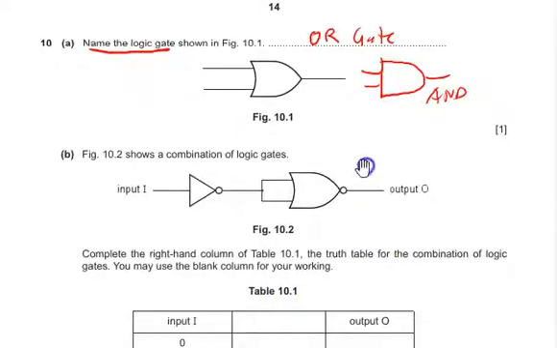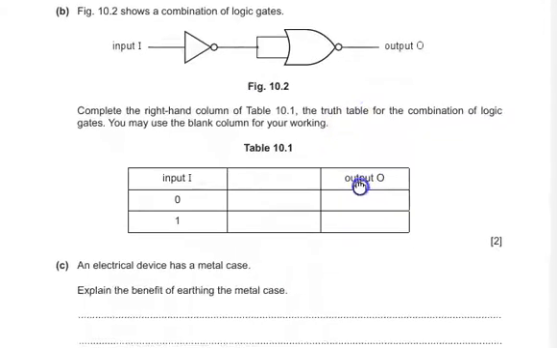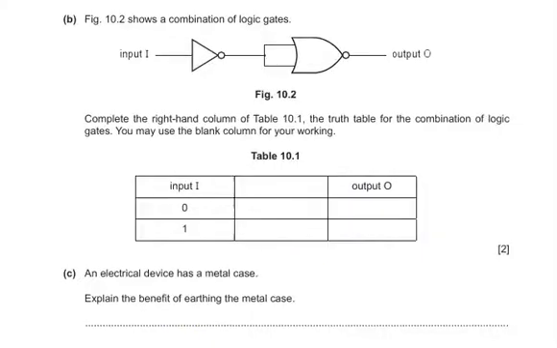Now for 10B, Figure 10.2 shows a combination of logic gates. This is the NOT gate and this is the NOR gate. In case you get confused with the NOR gate, just remember the truth table of an OR gate.